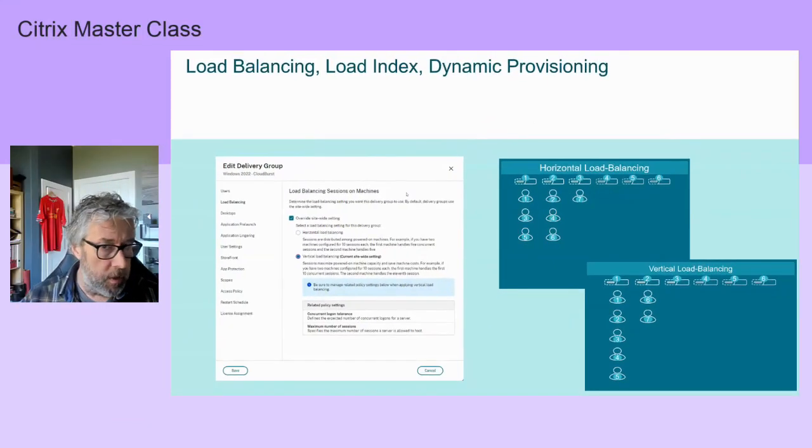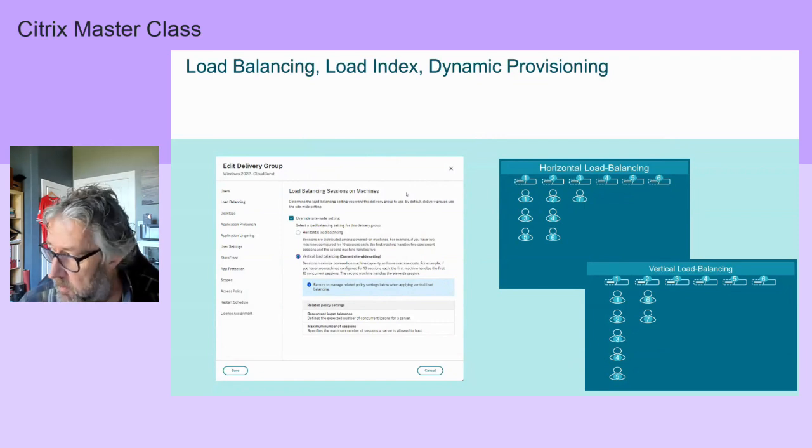So I want to talk about dynamic provisioning, but before we go through that, the concept of load balancing and load indexes. So this has changed recently, the ability to do load balancing, whether that is horizontal balancing or vertical balancing, but associate that to a specific delivery group.